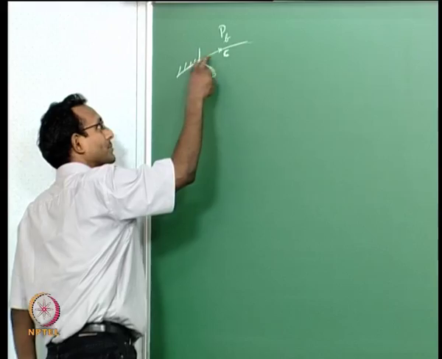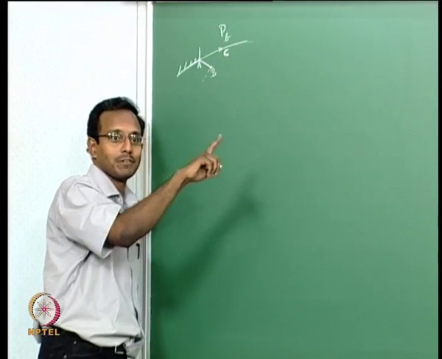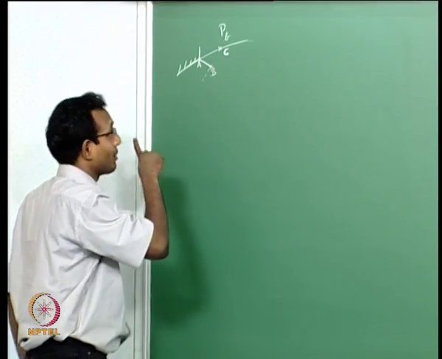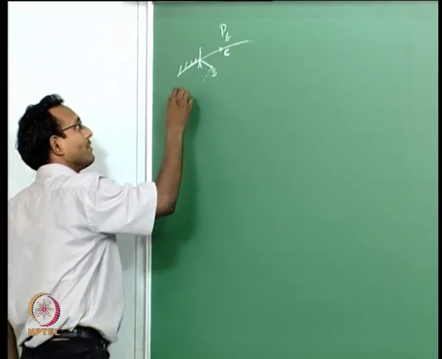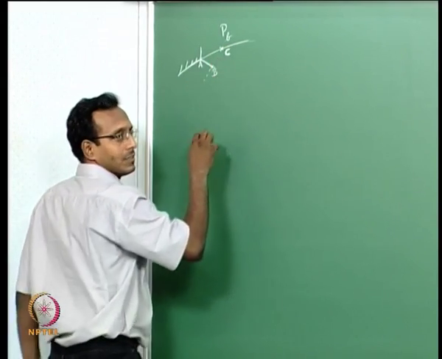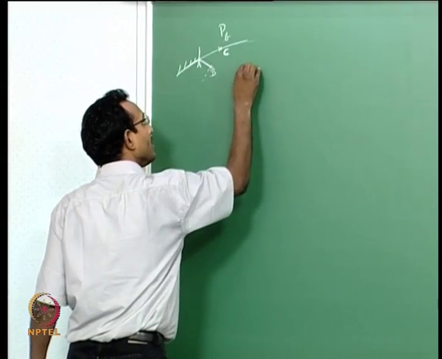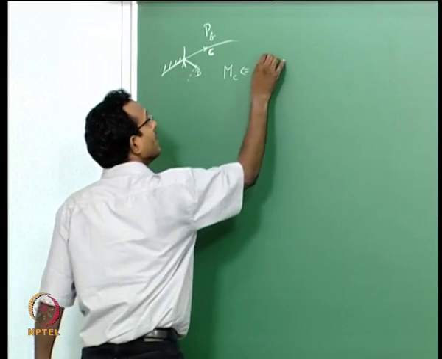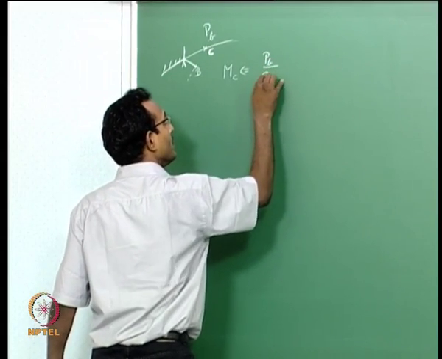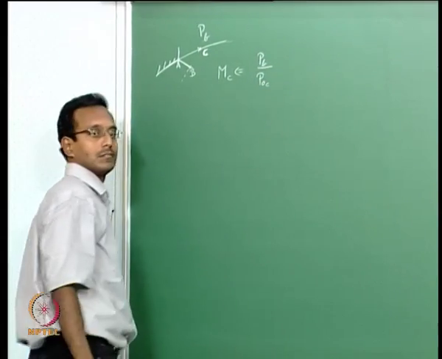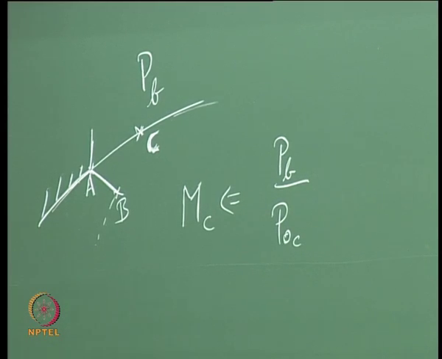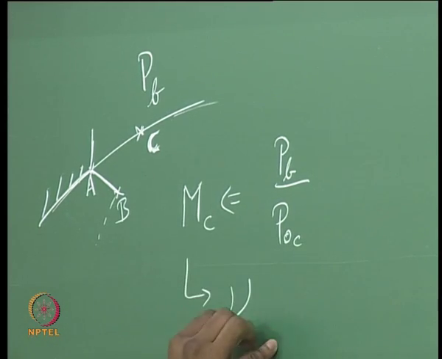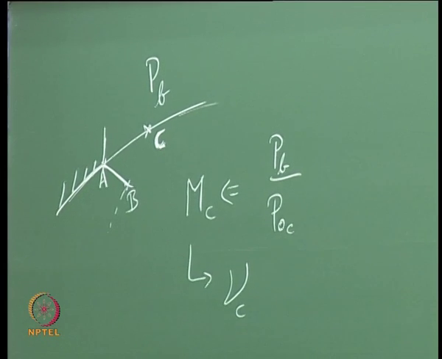If I know my stagnation pressure in this region, I am assuming isentropic flow all through, so I am keeping track of my P naught value all through. Then my Mach number at C is going to be given by Pb by P naught at C. That gives your Mach number, which will in turn give you nu at C.